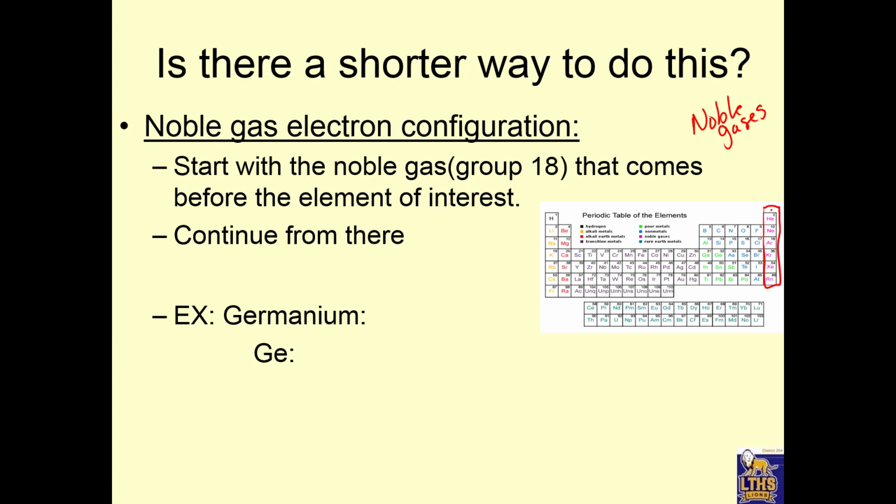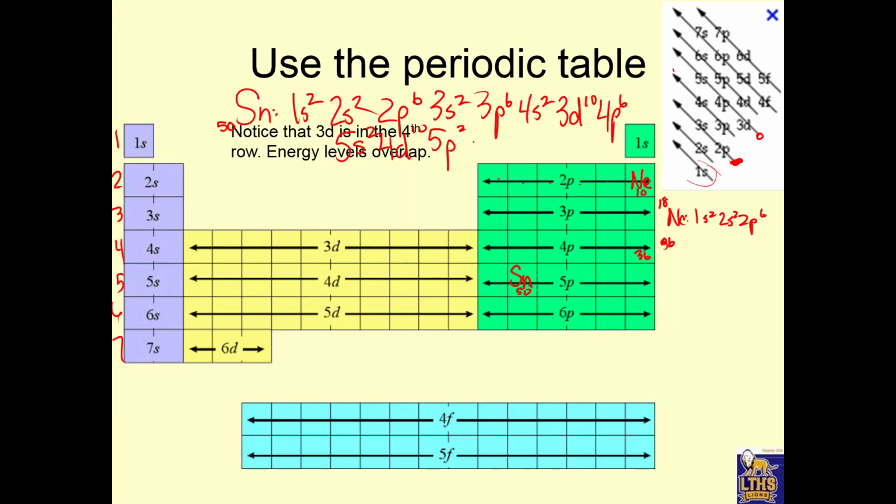Here's what I mean. We just did element 50. I'm going to go back to the slide before. We had to get to 5p2, which is right here. The noble gas that comes before 50 is in this column, and it's element 36, which is krypton. Krypton is a noble gas that's non-reactive, so its electron configuration is stable, and that takes care of the first 36 electrons.